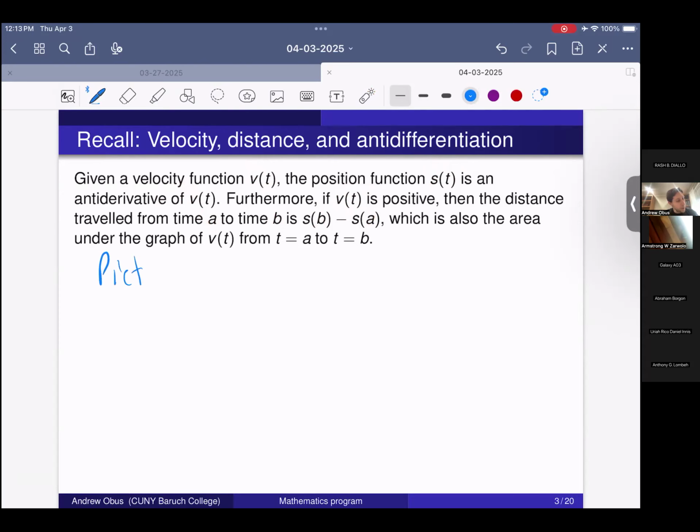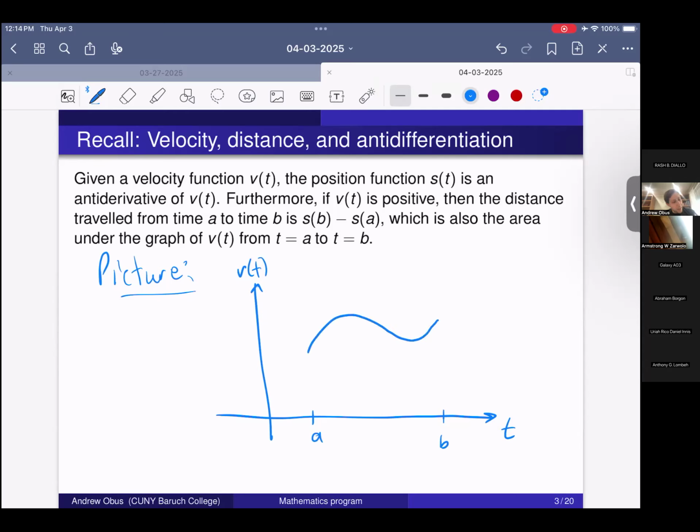So what's the picture here? The picture is I have some graph. This is my time axis, and this is my velocity axis. I have some time a and some time b, and maybe my velocity changes. This is the graph of y equals v of t.